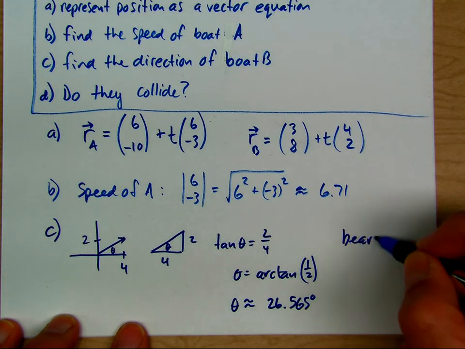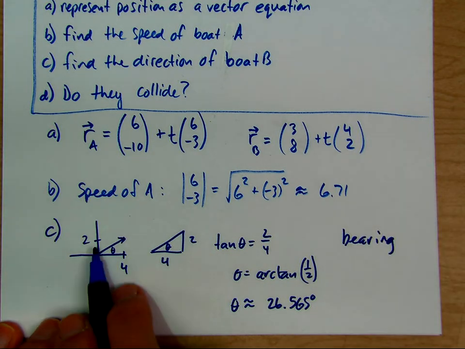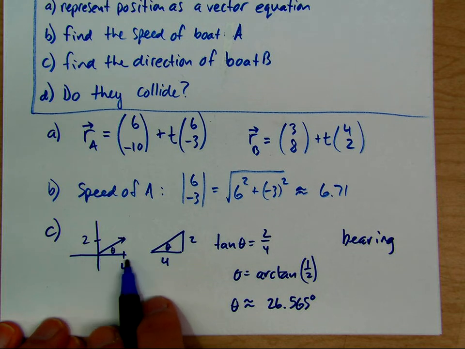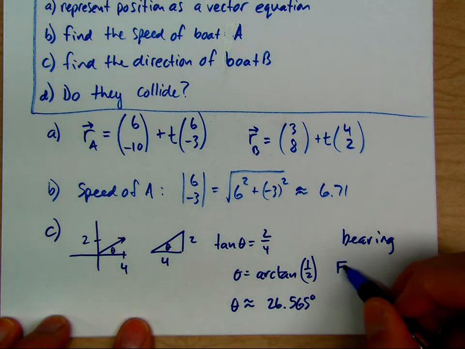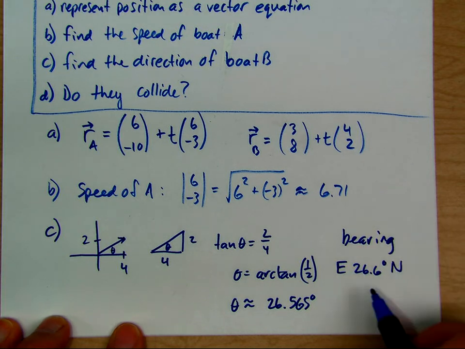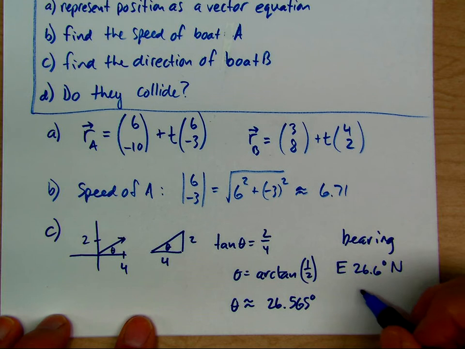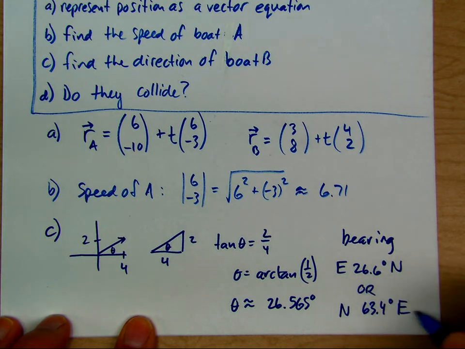So the bearing could be described as east 26.6 degrees north, or if we just find the complement of 26.6, that'll be 63.4. We could describe it as north 63.4 degrees east.